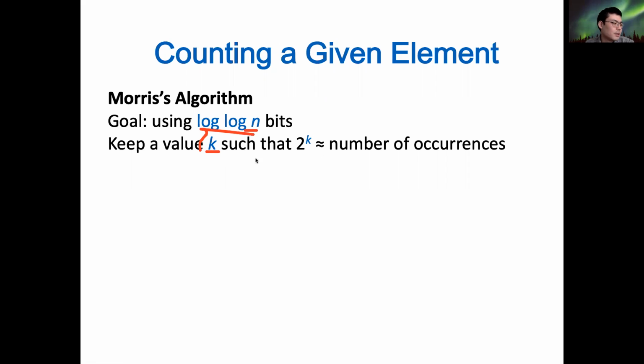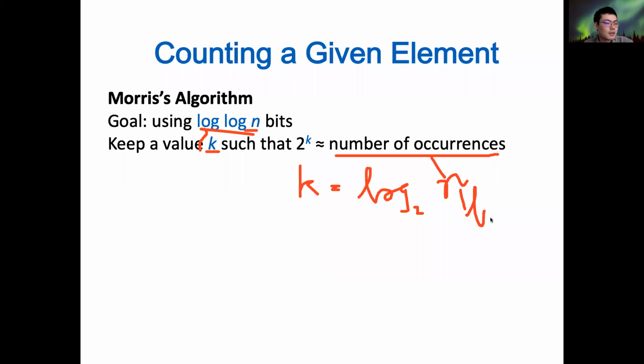So what we want is for the number of occurrences not to be k, but to be 2 to the power k. Then k is equal to log 2 of the number of occurrences. And you know that the number of occurrences itself only needs log 2 bits, so that's why it's a log log.